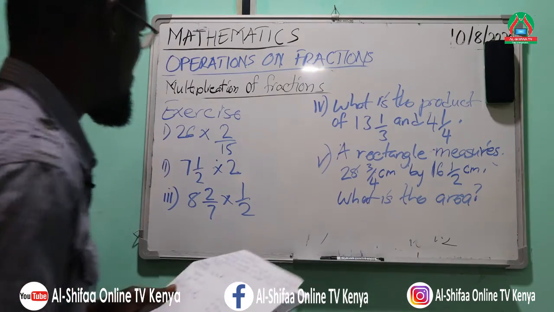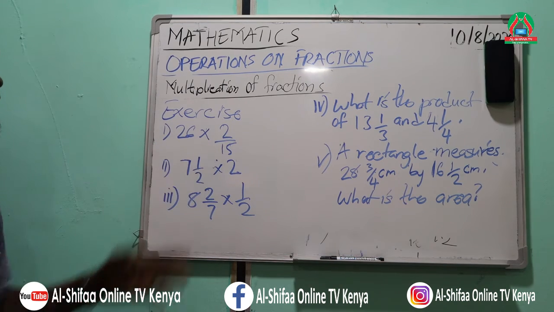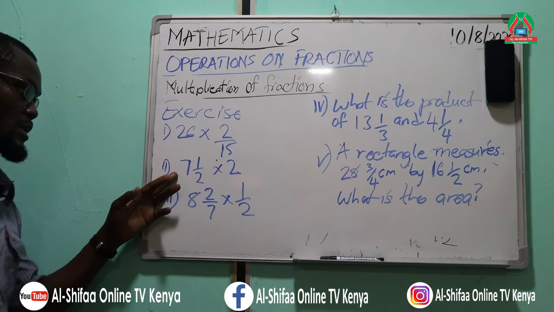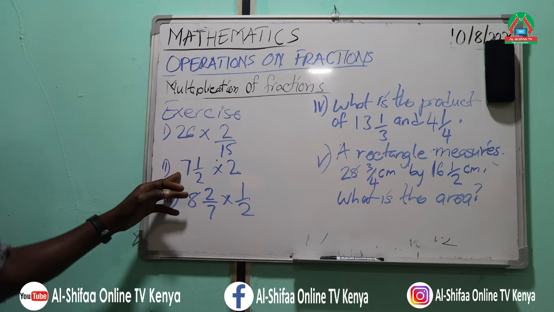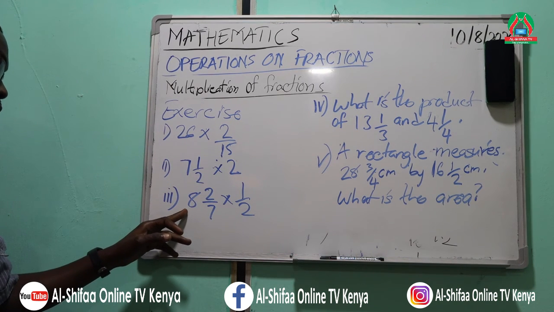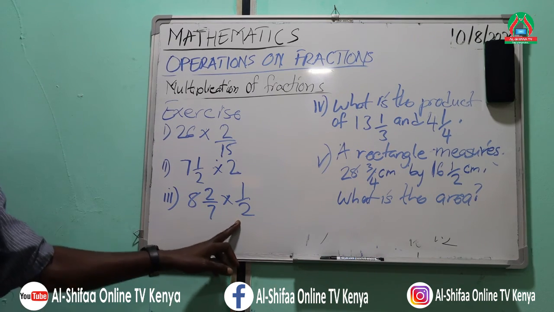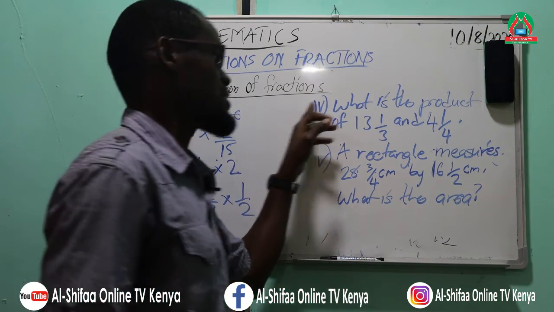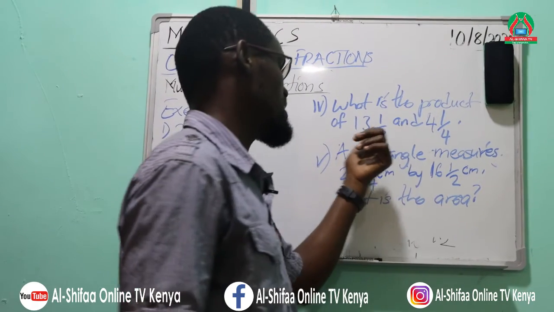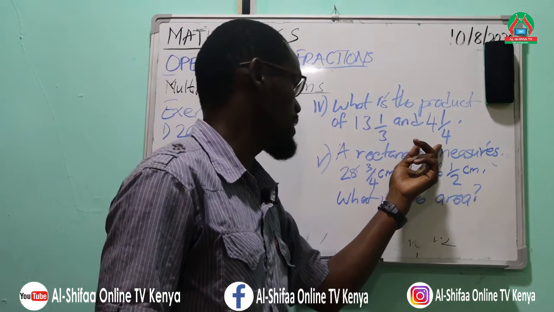In the exercise part, we have 26 multiplied by 2 over 15. So we'll do the necessary. Then we have 7.5 multiplied by 2. We have 8 2/7 multiplied by a half. The fourth we have, what is the product of 13 1/3 and 4 1/4?